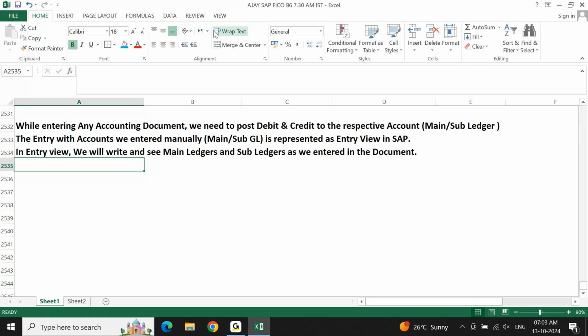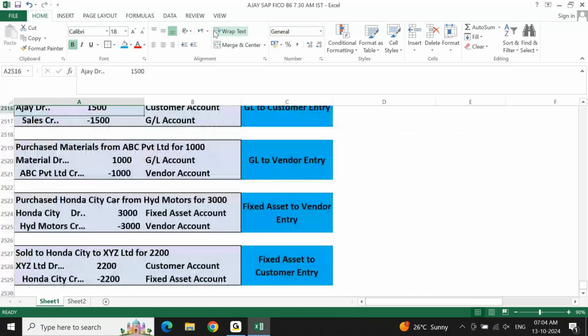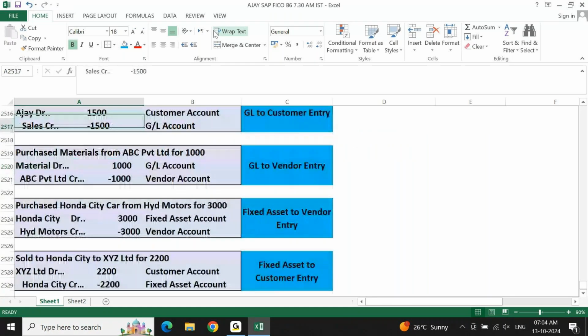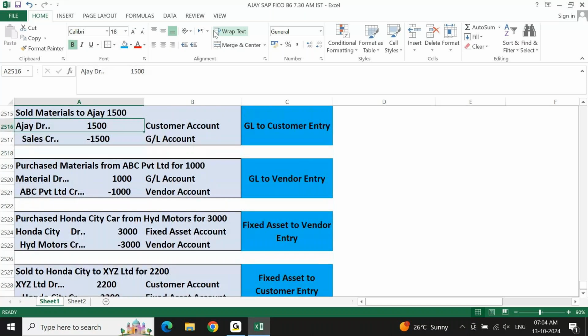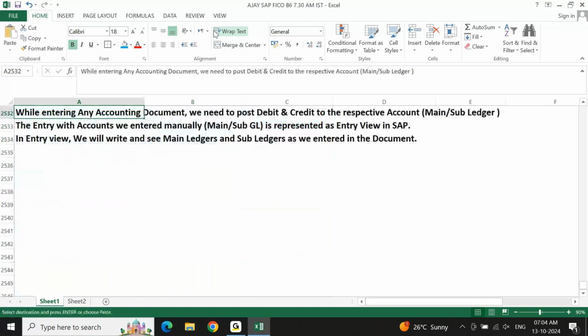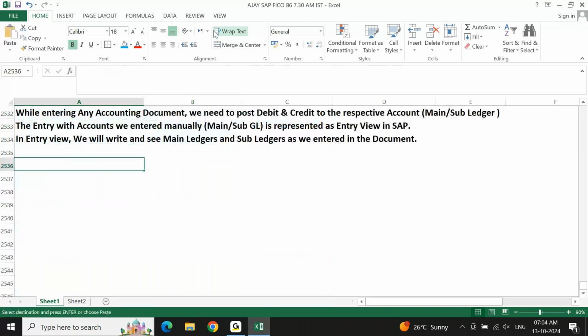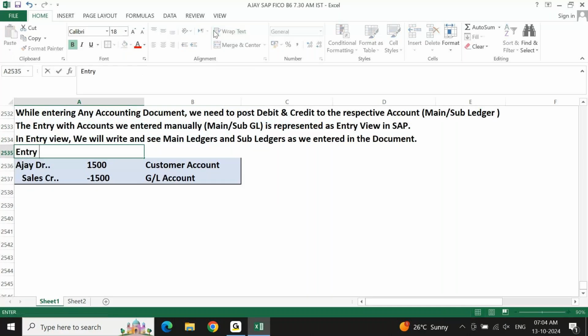Whatever the main ledger, whatever the subledger that you entered manually, same thing as it is you can see in the entry view of a document. Either you are posting or you are displaying it, it will be the same. Example, you can take this one. I can call this as entry view.